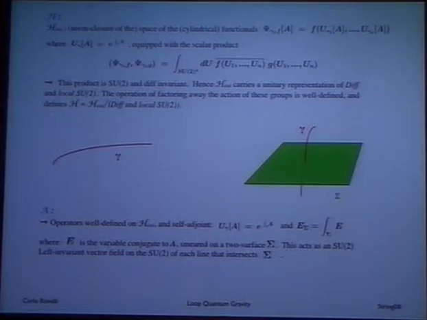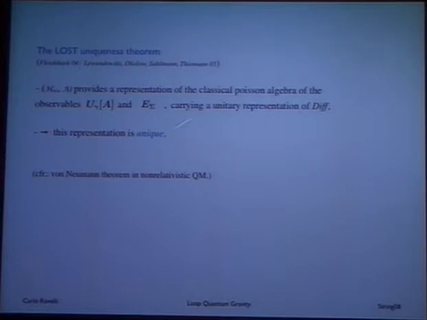The operators which are well-defined there are the holonomy itself and the operator conjugate to it, which is the electric field, the object conjugate to the connection, which is a two-form, integrated on a surface. And this acts as a left invariant vector field on the group element associated to all the lines that cut the surface. Now, this representation, this is a theorem.